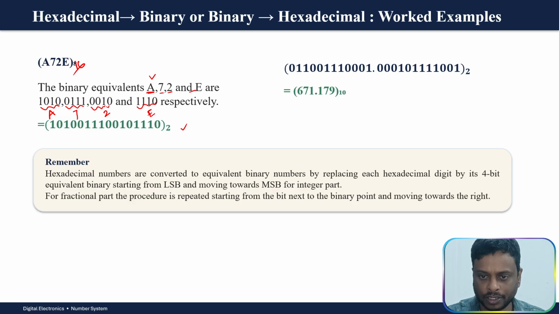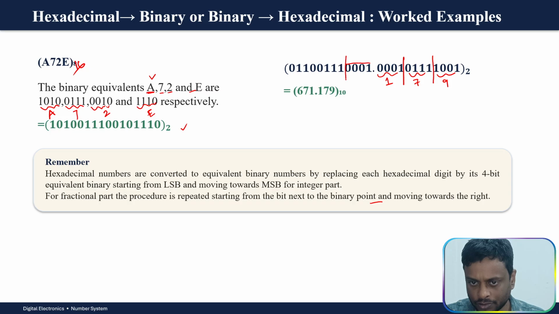So in this case also, for the fractional part, you take 4 bits, and you can append 0 if there is no extra 1 or 0. So this is 1, this is 7, this is 9, so 179.